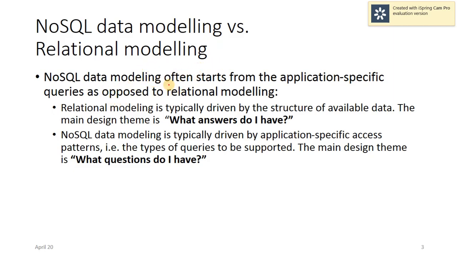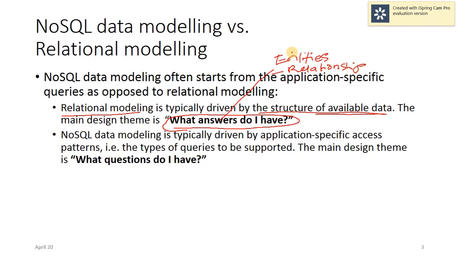Typically, relational modeling is driven by the structures of the available data. So the main design theme is based on what answers do I have. These answers are actually dealing with what? It deals with entities and also relationships.